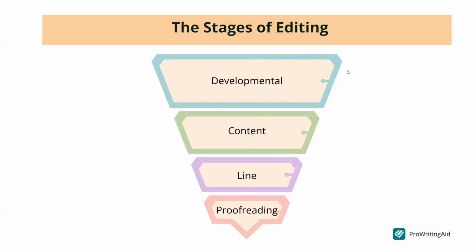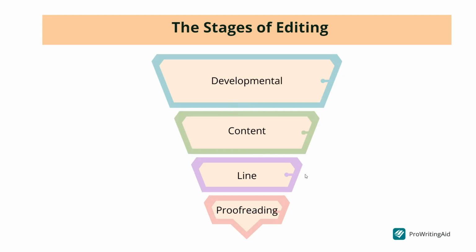This is where you figure out your plot issues, your characterization, your conflict, all of these editing things where you may need to remove plot lines or characters or add something. Content editing is taking a slightly smaller approach and looking at the structure of scenes and story arcs individually.